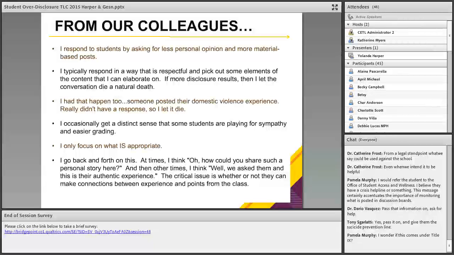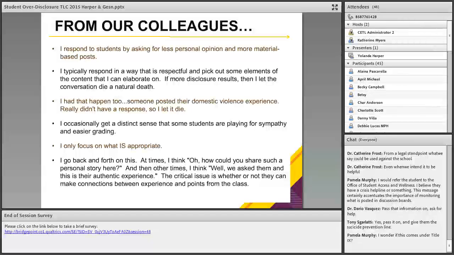One faculty member basically didn't know what to say. There's a saying, if you don't know what to say, say nothing, at least at first, to give yourself some time to reflect and see if there is anything more to say. This particular faculty member, when the disclosure happened in class, said, "I didn't have a response," and let the conversation die. As I said earlier, doing nothing can be an empowering response, or it can be an enabling response.